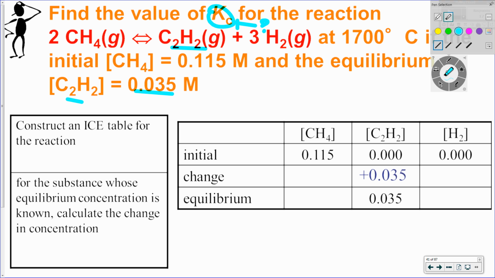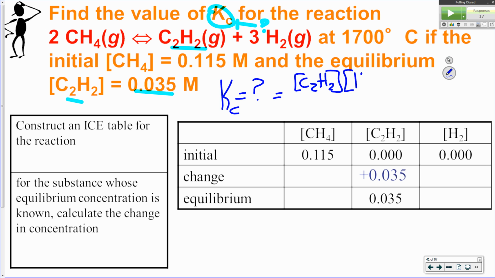To find K sub C, I know I've got to find the values for the products and the reactants. Okay, so what do I know of those?